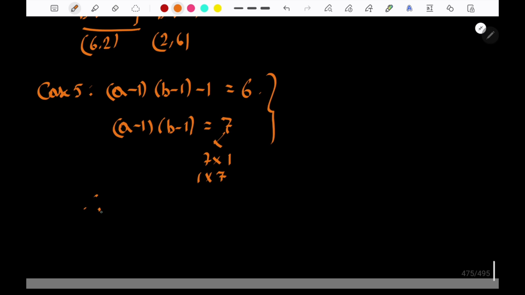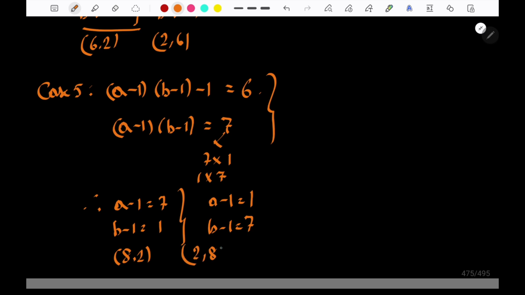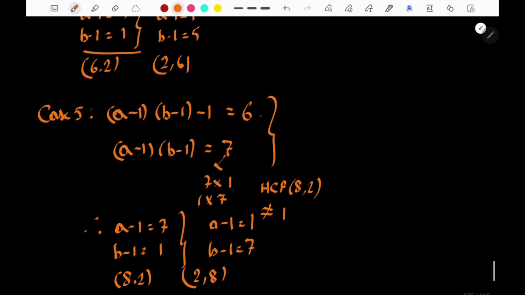So, therefore, a minus 1 is equal to 7, b minus 1 is equal to 1, a minus 1 is equal to 1 and b minus 1 is equal to 7. So, what is the case? 8 comma 2 or 2 comma 8. Now HCF of 8 comma 2 is not equal to 1. So, this case is again invalid.